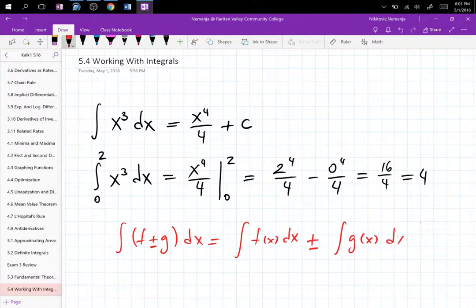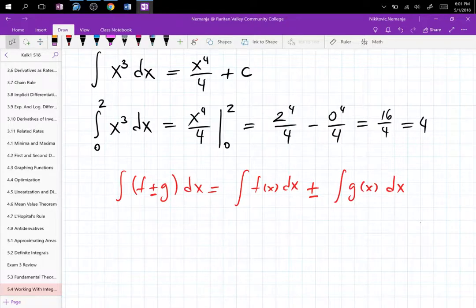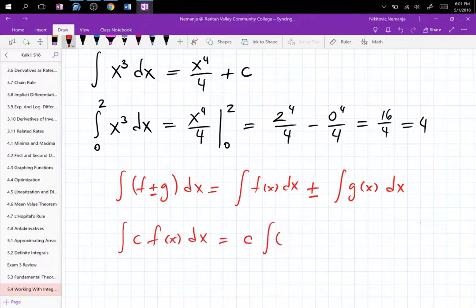So you are allowed to separate an integral into multiple integrals as long as the integrand has plus and minus inside, as long as it has terms. So each term can have its own integral. We also said that we can kick the constants outside. So if I have the integral of c f of x dx, I can kick the constant outside and have just the integral of f of x dx.